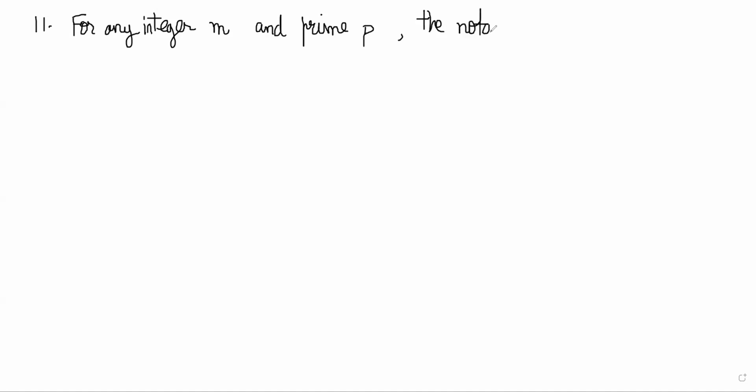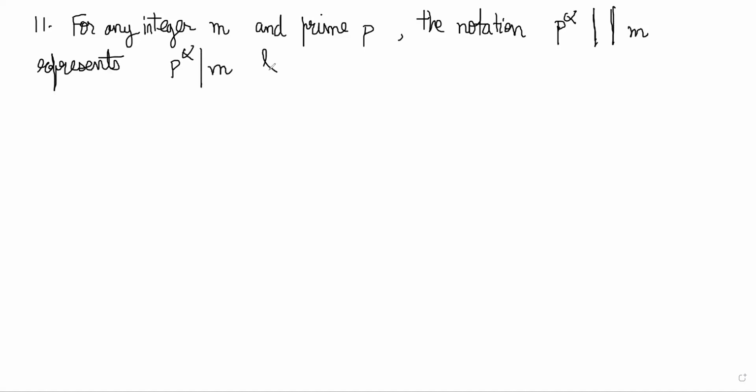Okay. The next thing that we'll discuss is this notation. For any integer m and prime p, the notation p power alpha, double arrow, m represents that p power alpha divides m and p power alpha plus 1 does not divide m.